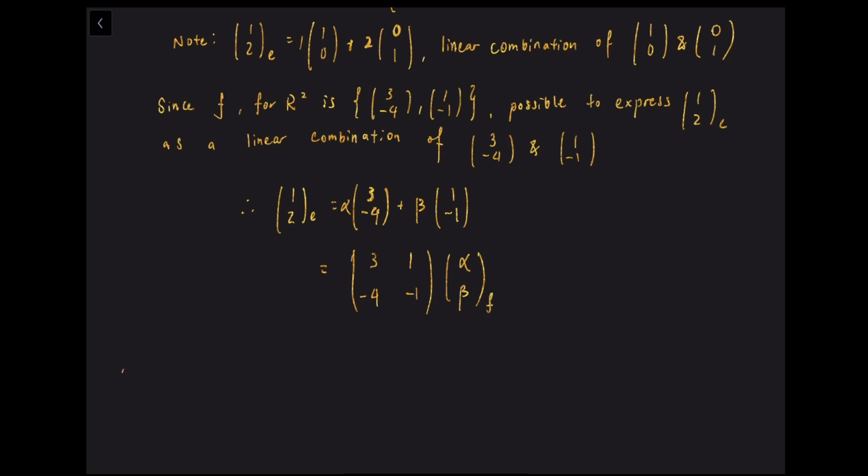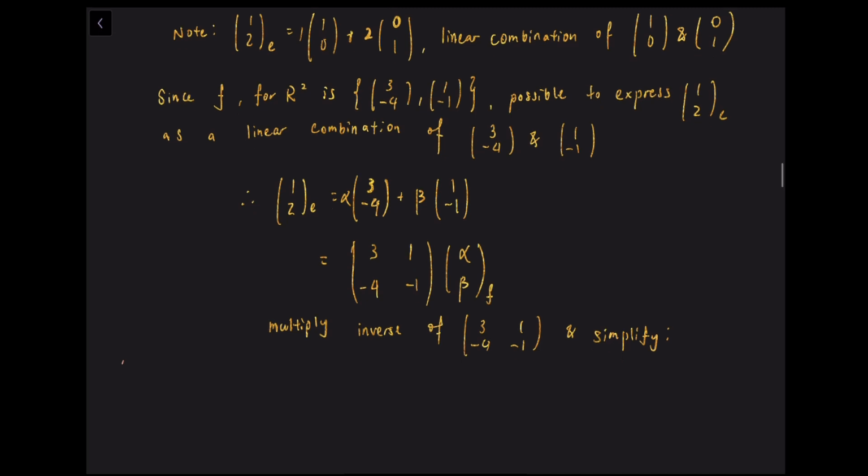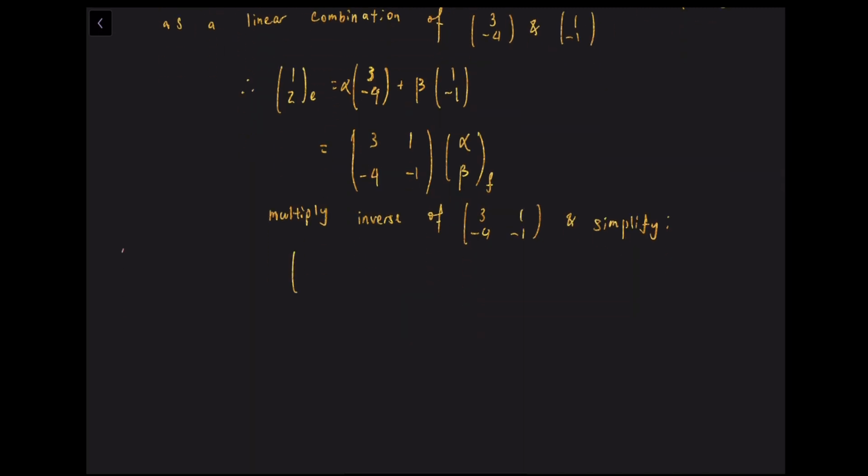Pre-multiplying both sides of this equation by the inverse of the matrix with columns (3, -4) and (1, -1), and rearranging, yields (alpha, beta) equals the matrix [-1, 1; -4, 3], which is the inverse of the previous matrix, times (1, 2), and you obtain (-3, 10).